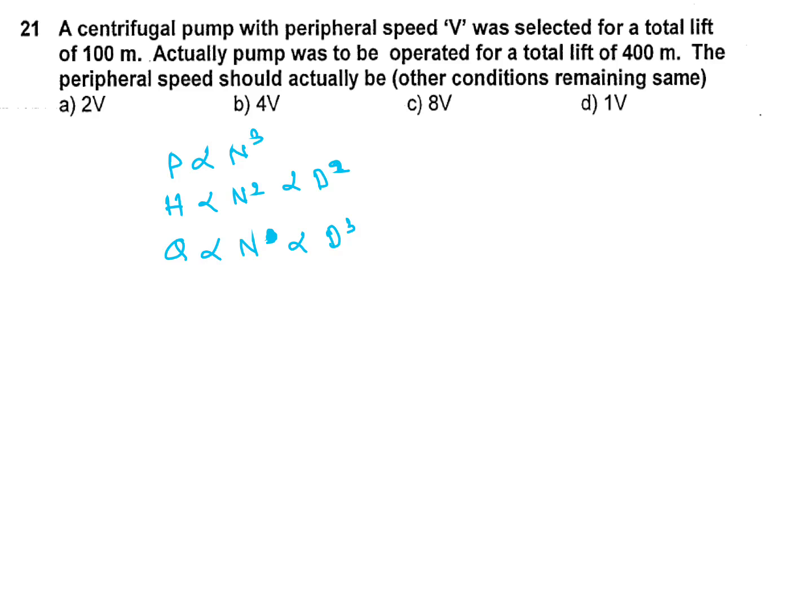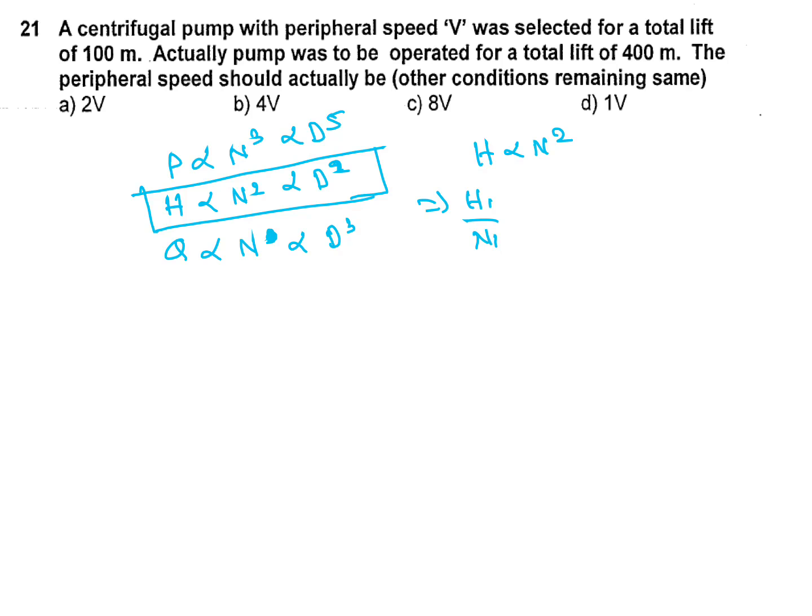Head is proportional to n square and head is proportional to d square. D is also not required here. So H is proportional to n square. h1 by n1 square equal to h2 by n2 square. V equal to pi D n by 60. So here H is proportional to v square.